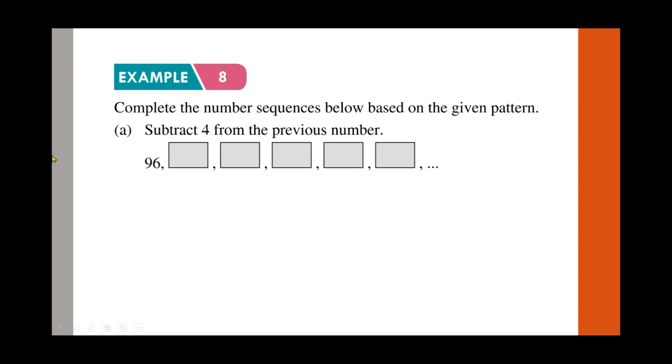Olympia, can you give me the first answer? Subtract 4. 96 subtract 4, how much is it? Yes, correct, 92. Be ready, everyone. After 92, the next person, Queen. Can you give me the number after 92?